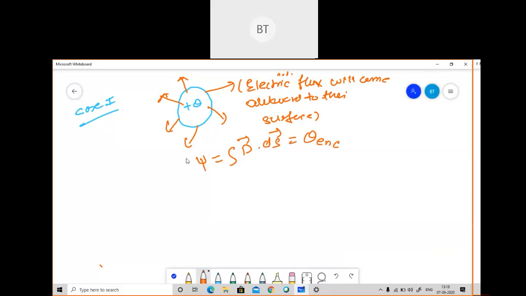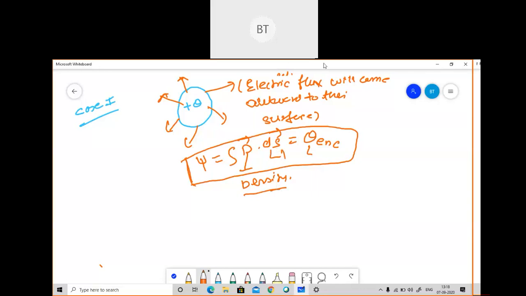This will be the definition for finding the flux as well as the charge. D will represent the flux density, which will be given in the question, so you don't need to worry about it, and dS is the surface element. So this is the first case which I am taking.